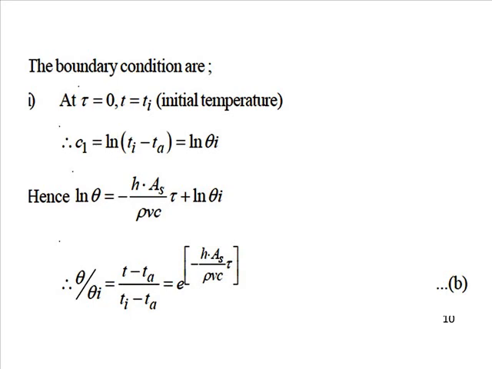So equation B indicates the temperature variation under unsteady state heat transfer for the body.